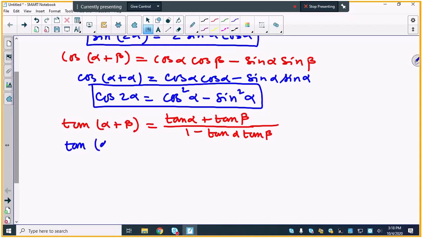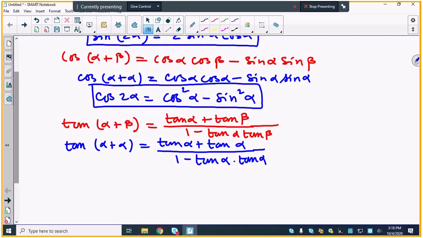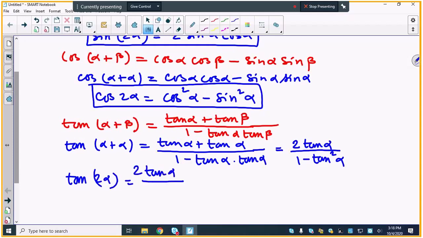So tangent alpha plus alpha is equal to tangent alpha plus tangent alpha, this time on the top, over 1 minus tangent alpha times tangent alpha, which is 2 tangent alpha over 1 minus tangent squared alpha. So that's the double angle formula for tangent. So I get tangent 2 alpha is equal to 2 tangent alpha over 1 minus tangent squared alpha.